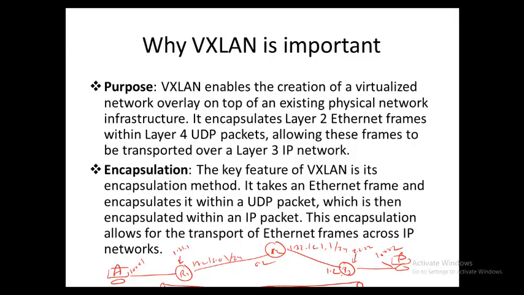At the same time, the layer 2 has to be preserved. So what happens is, here from A, you have 7 layers, and you have the data link layer here. This PC A is generating this packet.